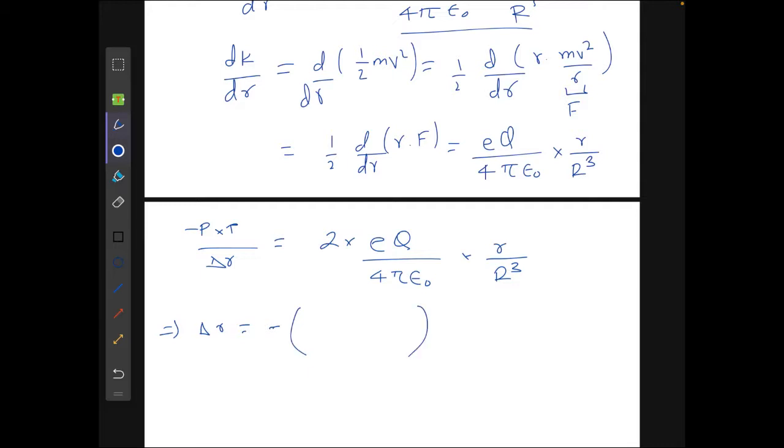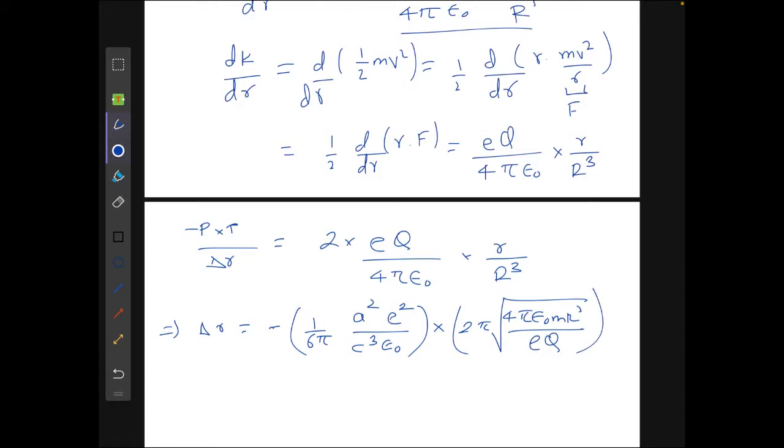Power radiated will be 1 by 6 pi times a square e square over c cube epsilon naught, multiplied by the time period, which we found in the first part to be 2 pi root of 4 pi epsilon naught m r cube by eQ, multiplied by 4 pi epsilon naught capital R cube over 2 eQr.